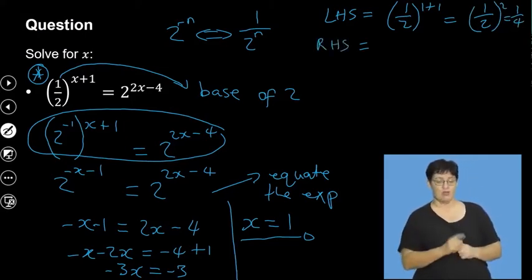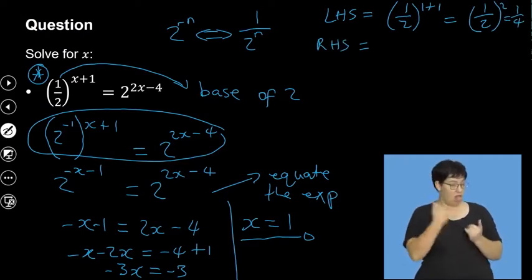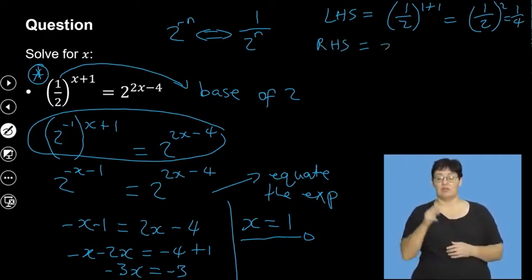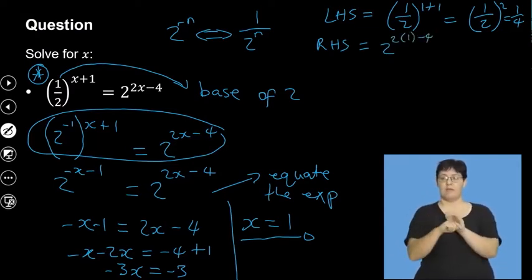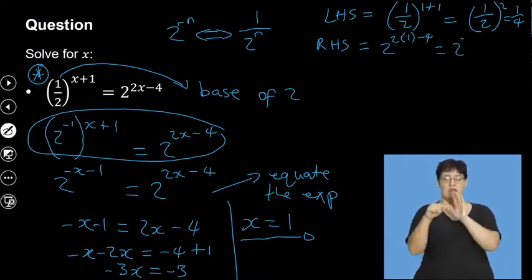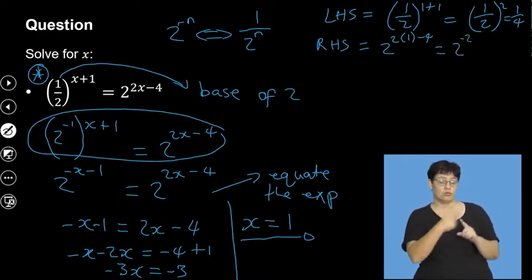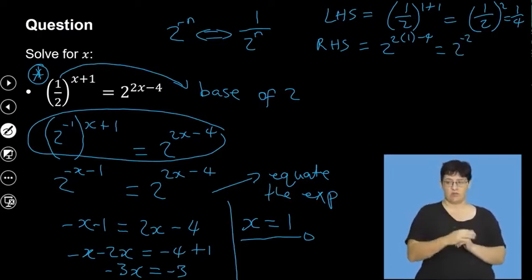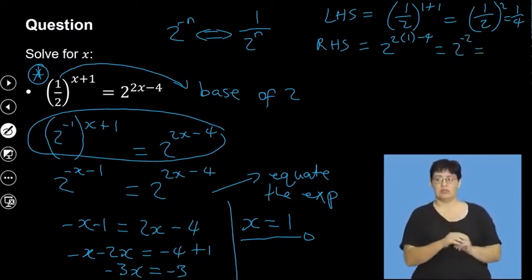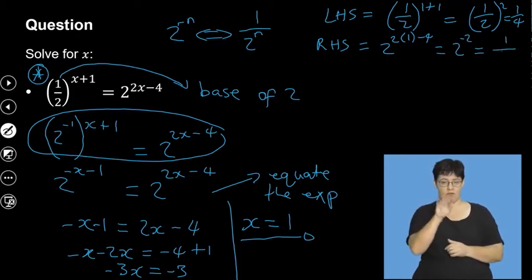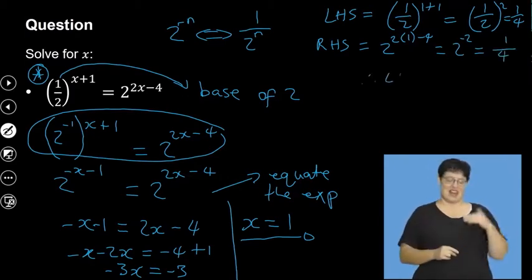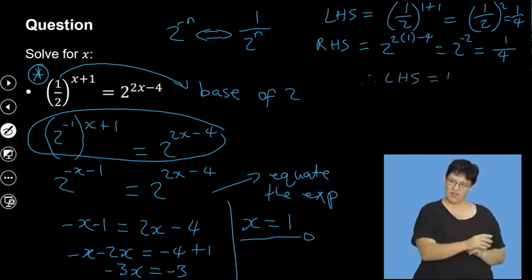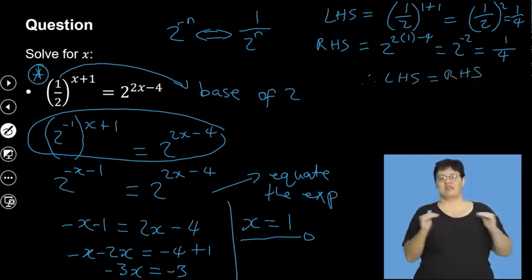It must give us 1 over 4. If it does not, there's something wrong. So this is 2 to the exponent of 2 into 1 minus 4, which is equal to 2 to the exponent of negative 2, because 2 times 1 is 2, minus the 4, it will be minus 2. And this will be equal to 1 over 4. Look at that. Therefore, you can see left-hand side is equal to right-hand side.